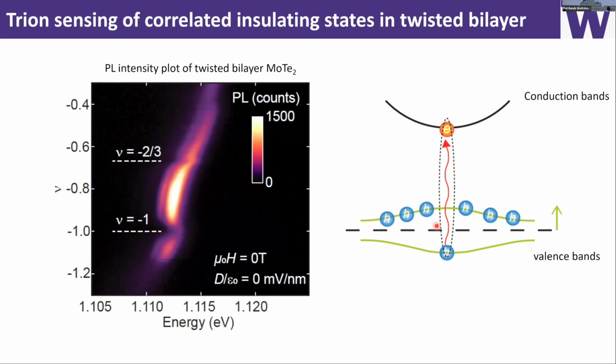Therefore the number of trions will also be reduced, because they need free carriers to form a trion state. When the trion population is reduced, we see suppressed luminescence in the spectroscopy. So whenever you see suppressed trion luminescence, it basically shows there's a formation of an incompressible state. Now we have an observable to probe these states.